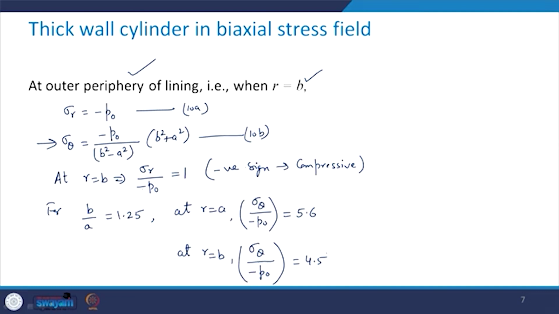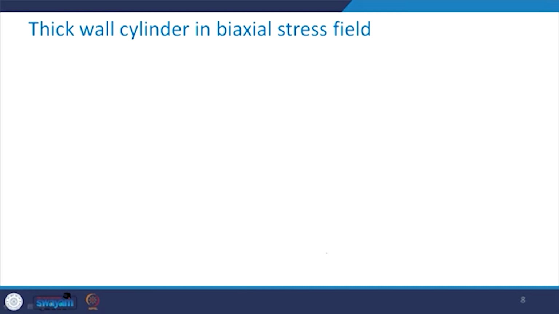So let us try to draw the variation of this stress concentration factor, which is sigma upon p naught, with respect to the lining thickness. Let us see how it looks like.